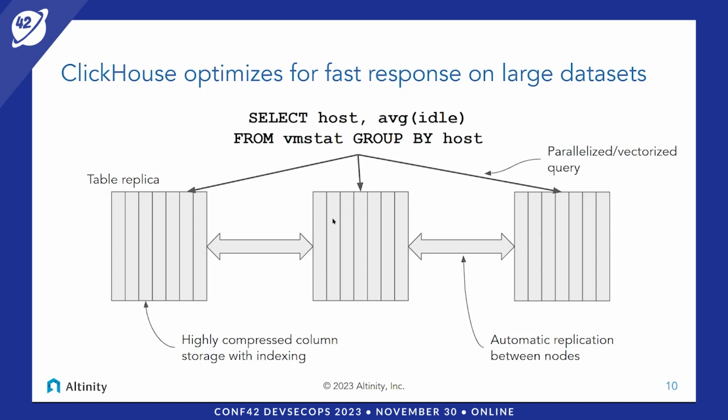Second thing is we have replication between nodes, so we can maintain multiple nodes and then query across them. And the third thing is we have vectorized or parallelized query, which can run across all nodes. You can also divide data up into shards and run parallel query across them. This allows you to apply the power of multiple machines if you need a fast answer. And then within single machines, ClickHouse is extremely efficient.